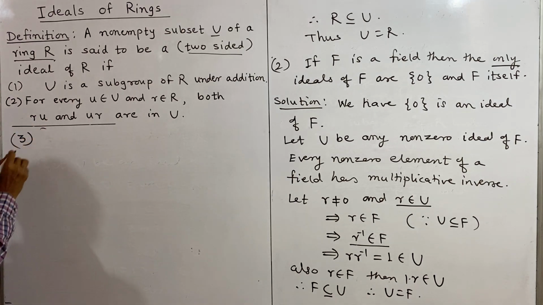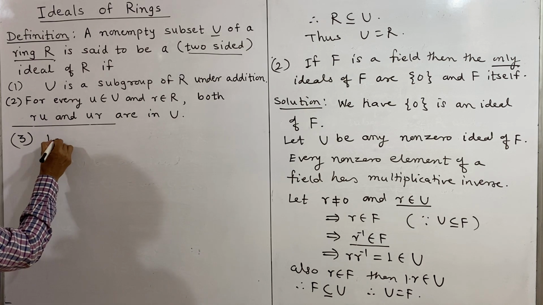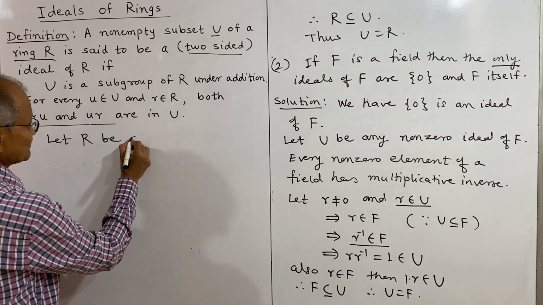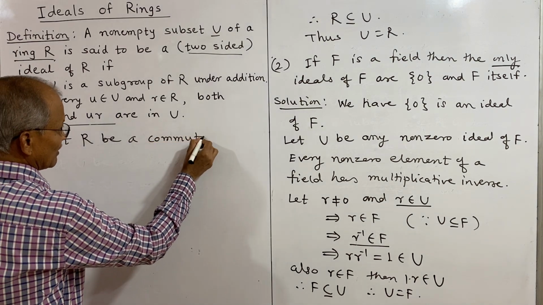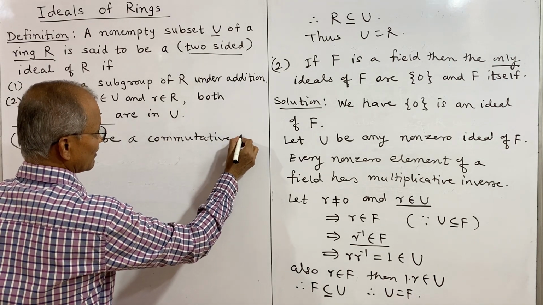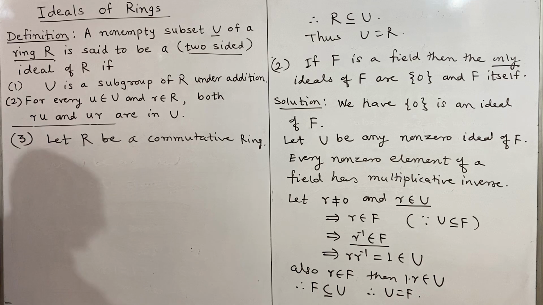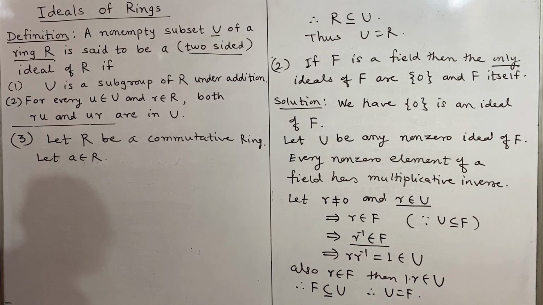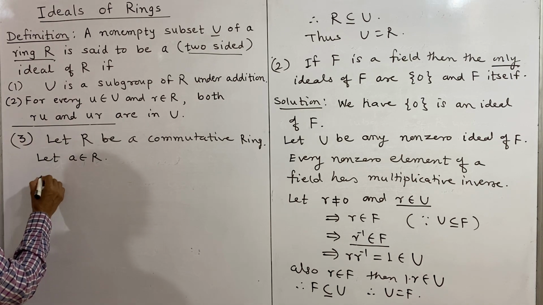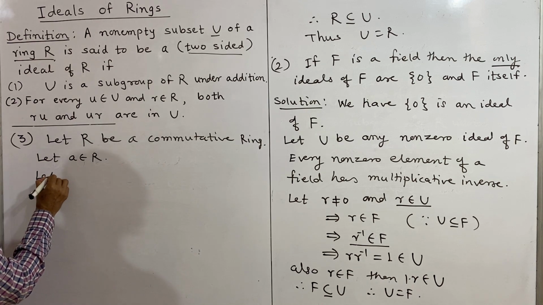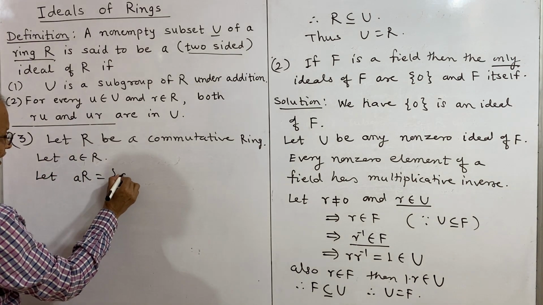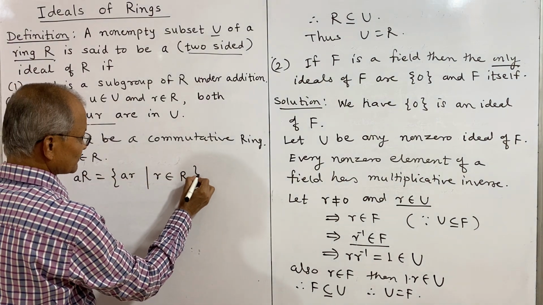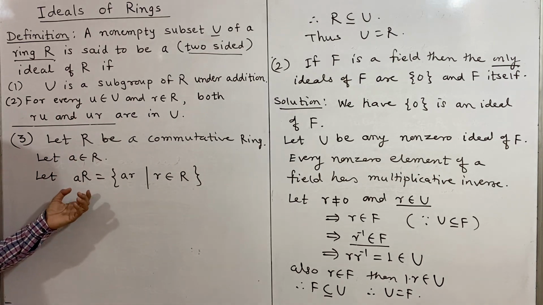Third problem we shall have. Let R be a ring, a commutative ring, and let a belong to R. Let a be an element in R. We shall consider aR further. aR is equal to the set of ar, where r belongs to R. These are the elements, multiples of a.